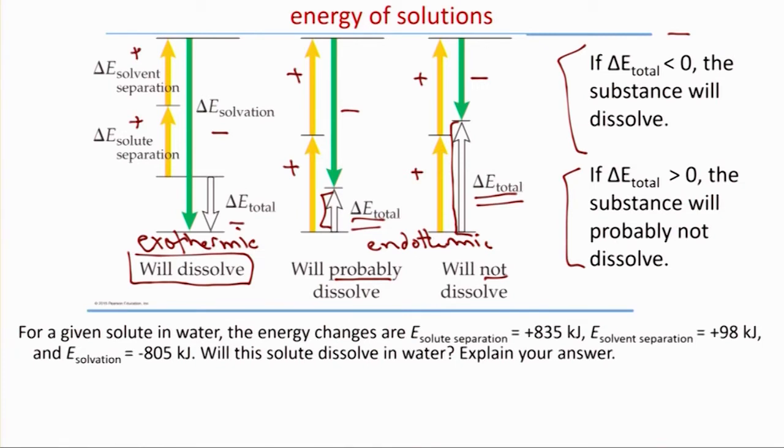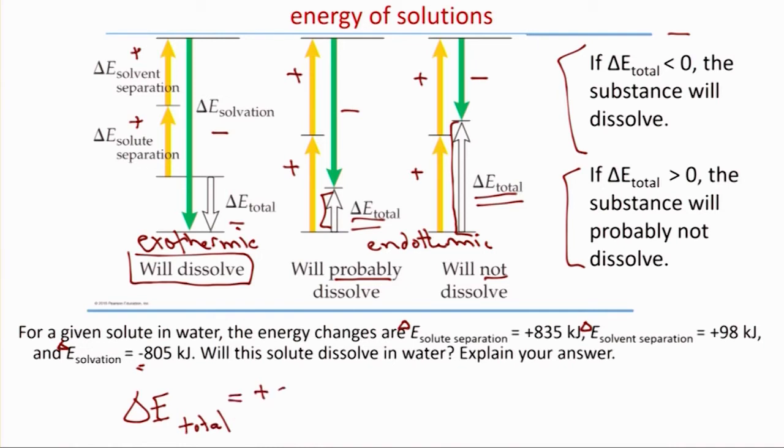All right, so here is a question. A given solute in water, the change in energy for the solute separation is positive 835 kilojoules. The change in energy for the solvent separation is 98 kilojoules, and the change in energy for the solvation step is negative. You can notice this one's negative, the other ones are positive. Will this dissolve? All right, so the total change in energy would just be adding up the three energy changes here.